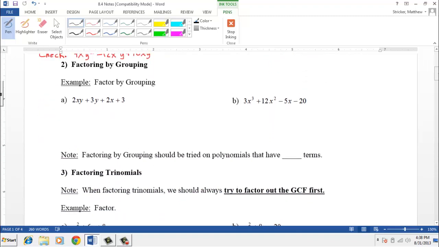So if I move to section number 2 here, factoring by grouping, you can see that we have a polynomial here with 1, 2, 3, 4 terms. Now when we have 4 terms, that is when we want to do factoring by grouping.